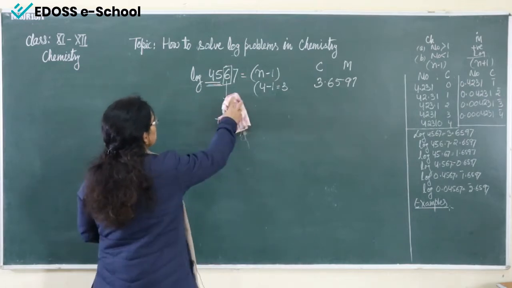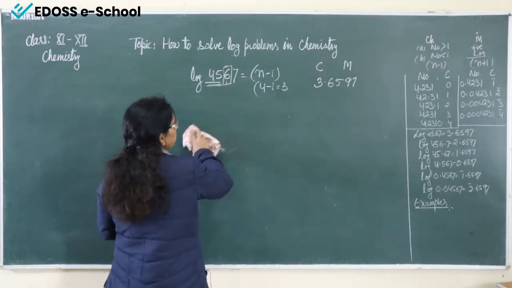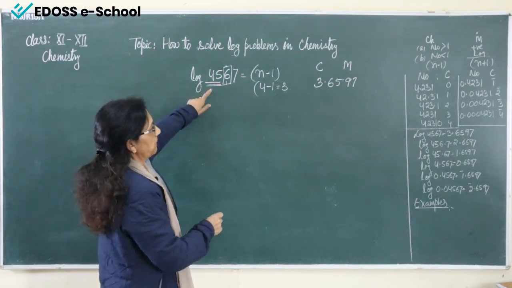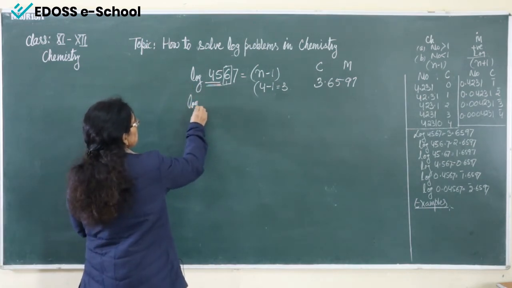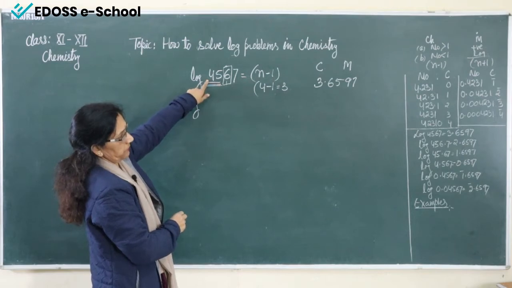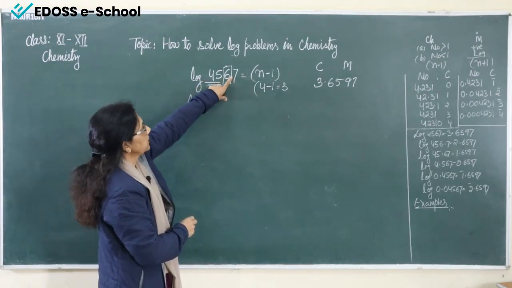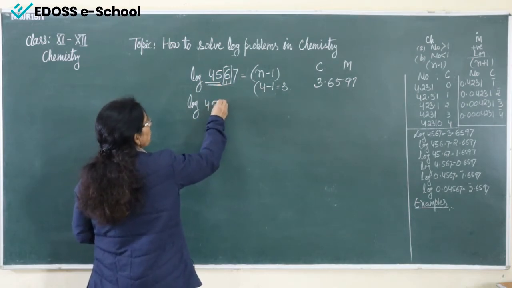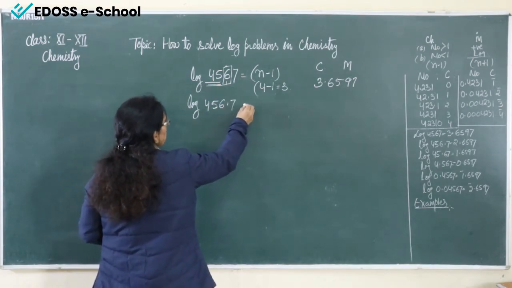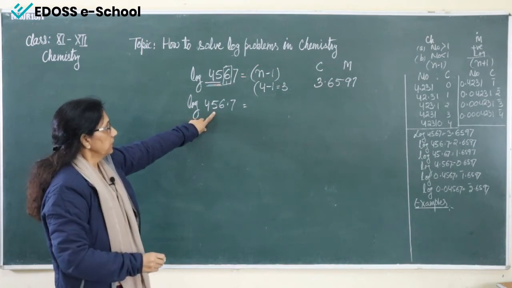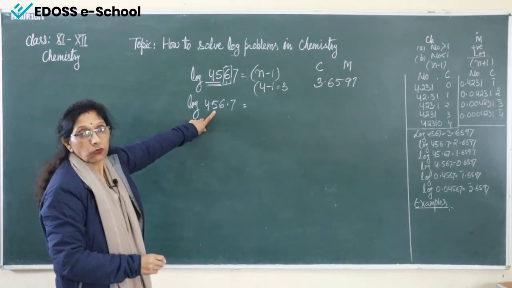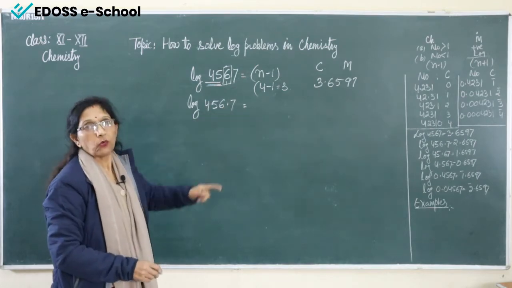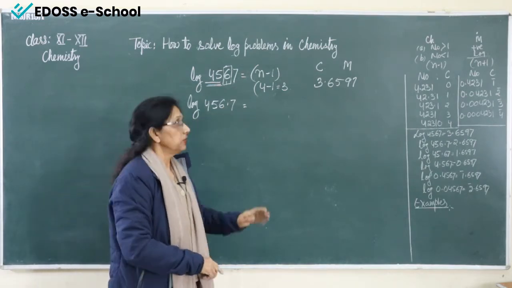Now see, the same number, I am writing here, but I am changing the decimal. Now the decimal is coming in the first place, so the log is of 456.7. Remember, if there is a difference in the decimal, only the characteristic will change.